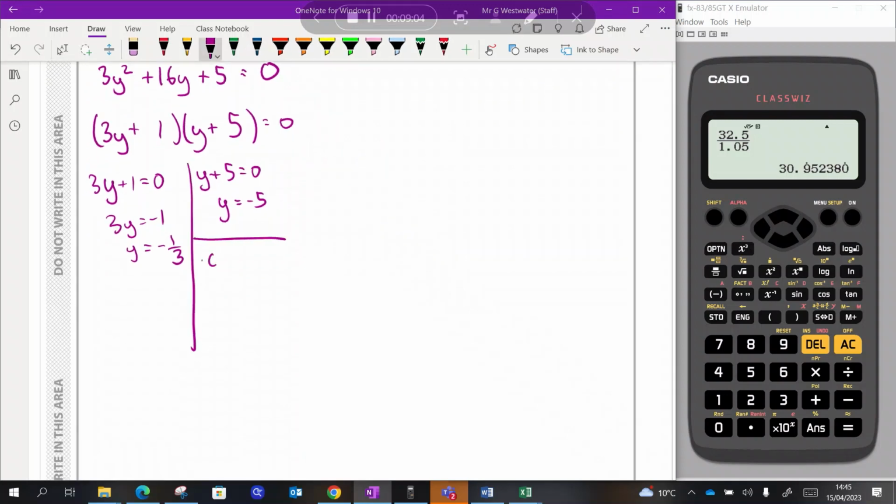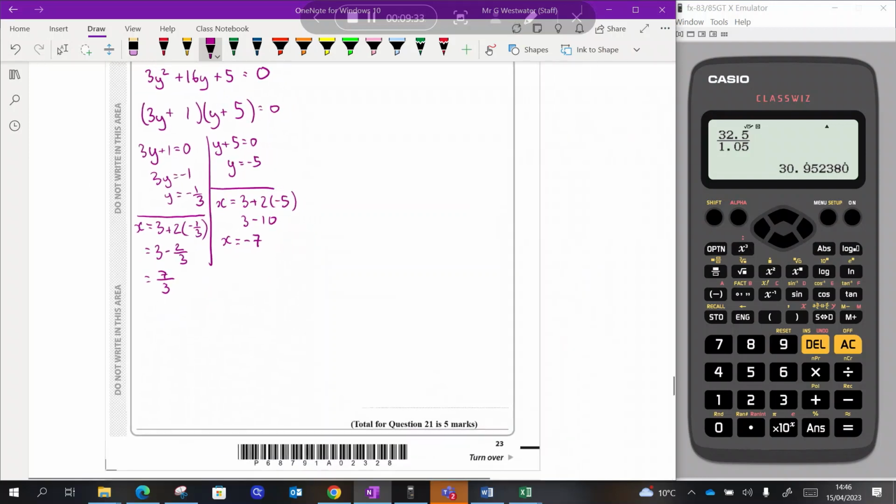So x equals 3 plus 2y. So this is 3 minus 10. x is going to be minus 7 for this one. Whereas for y equals minus a third, x equals 3 plus 2 times minus a third. So 3 minus 2 thirds. So that's 7 thirds.